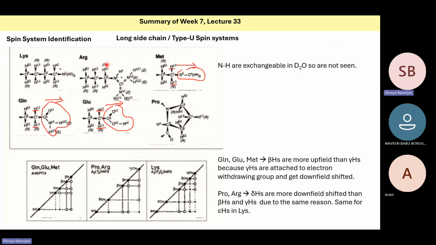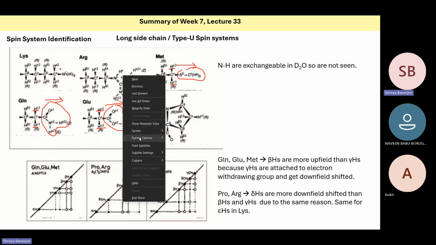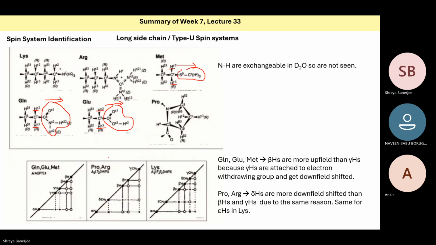Another is where you have proline and arginine. In proline and arginine, if you look along the diagonal, you can see alpha, then delta, then beta, then gamma.